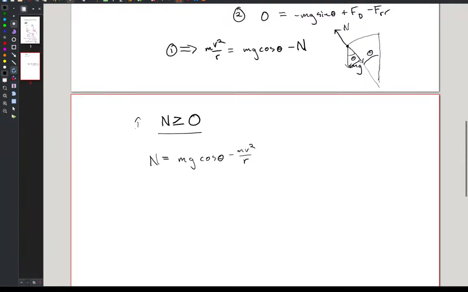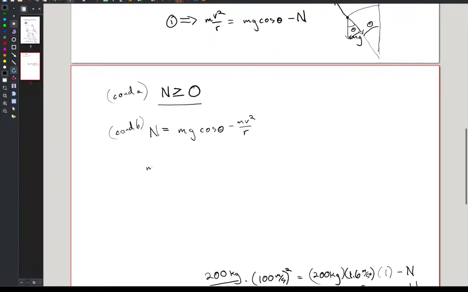Here's condition A, condition B. If you're trying to keep all your ducks in a row and keep track of things, I want to satisfy these two things. So then I can say mg cosine theta minus mv squared over r is more than or equal to 0.